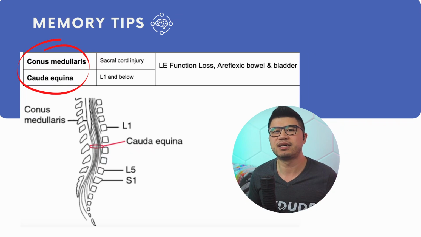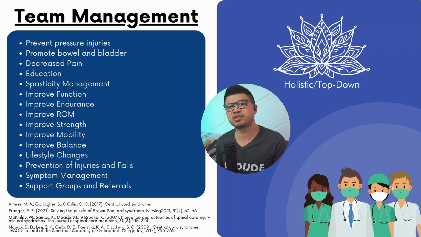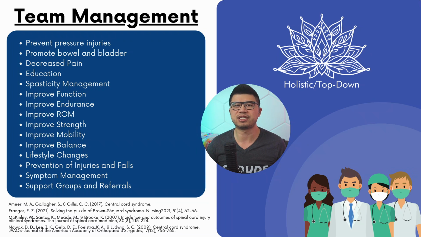So not too bad. And to summarize, team goals and outcomes for spinal cord injury syndromes and spinal cord injuries in general really include the prevention of pressure injuries, independence with bowel and bladder function, decreased pain, increased patient knowledge about the disease, spasticity management, improving function, endurance, flexibility, strength, mobility, and balance.